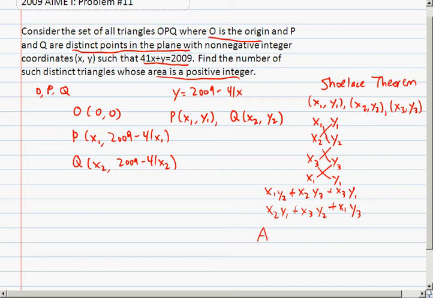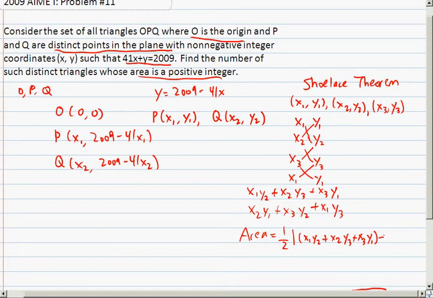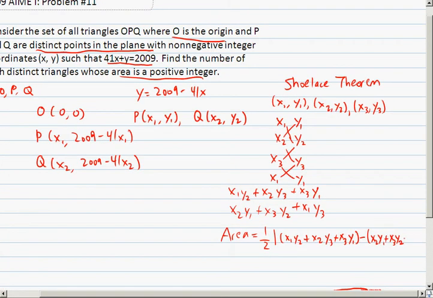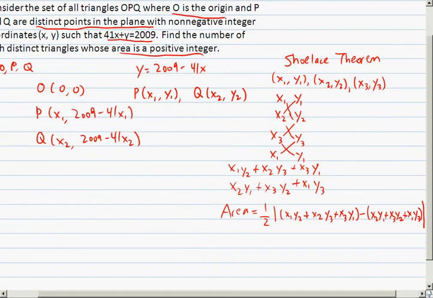And then the area of this triangle would simply be 1/2 times the absolute value of the difference between these two sums. So when we write it out, we get the formula for the area of a triangle using the shoelace theorem right here.